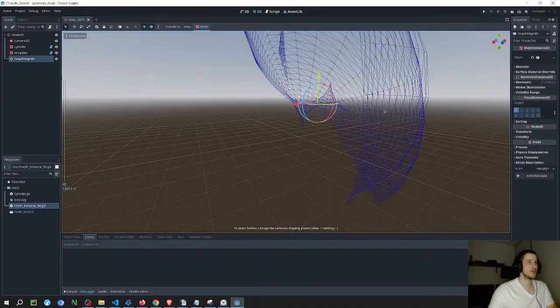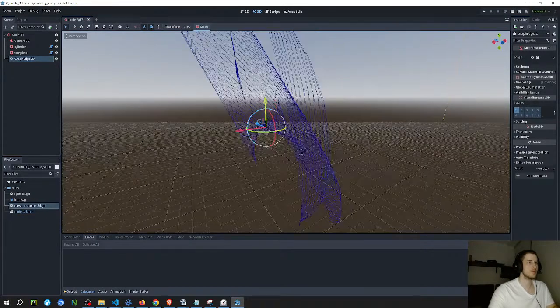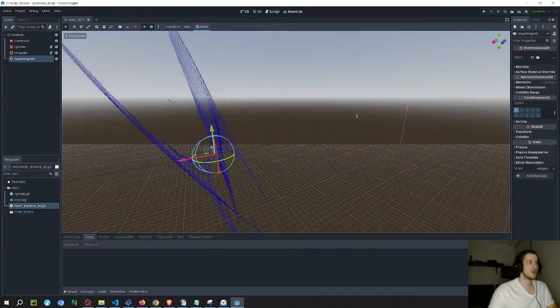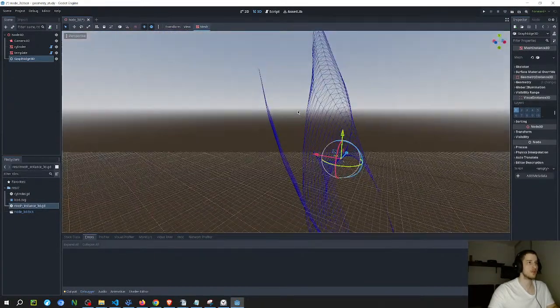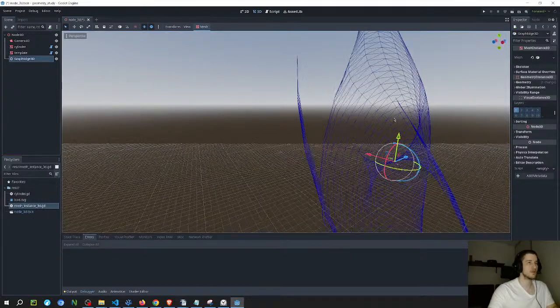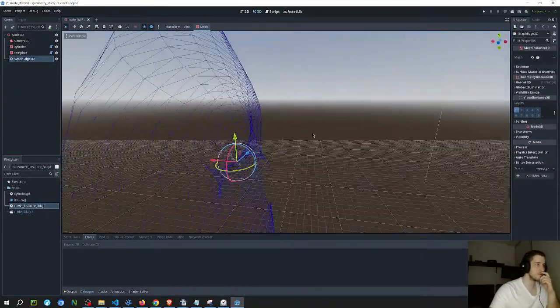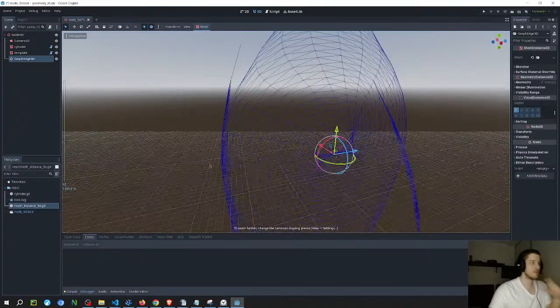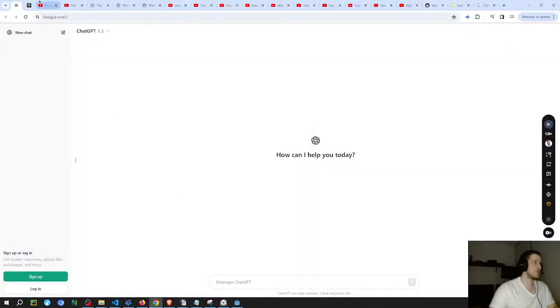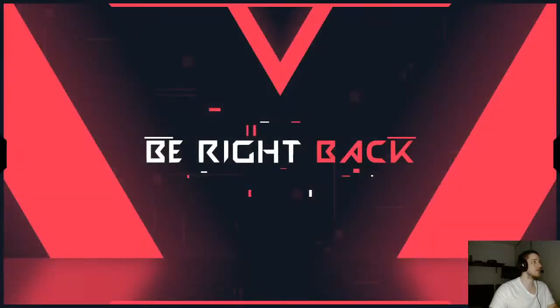So I'm trying to understand why it changes so much. So I'm gonna ask ChatGPT, and ask Perplexity as well, how to get the normal.